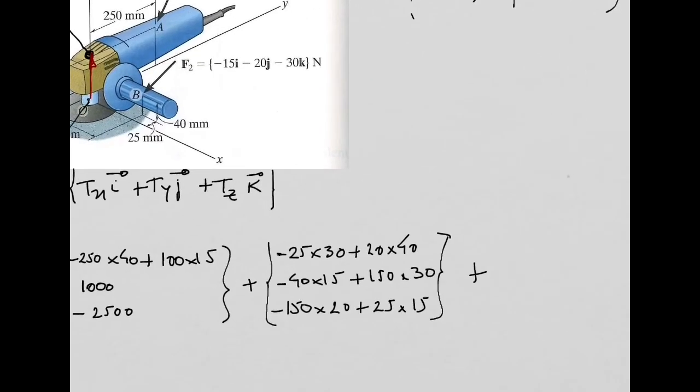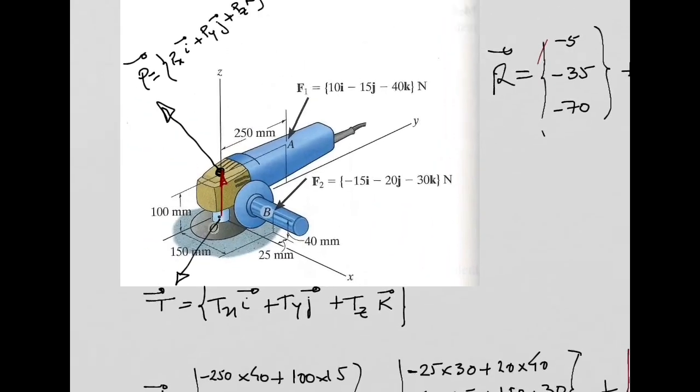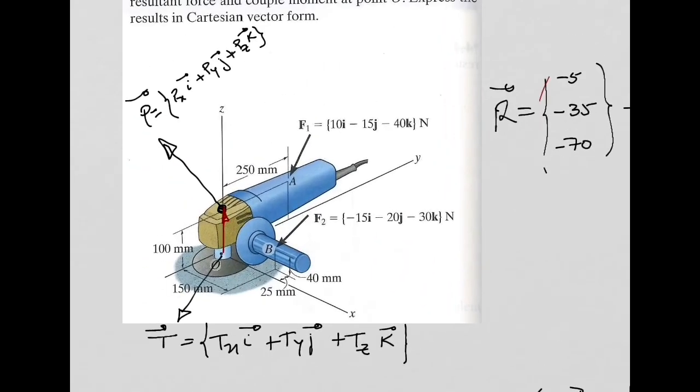So we can say that we will have 0, 0, 100, cross product with my force P. And my force P is what? Px, Py, Pz. Right? This is my force P. Look at this: my force P is Px, Py, Pz.